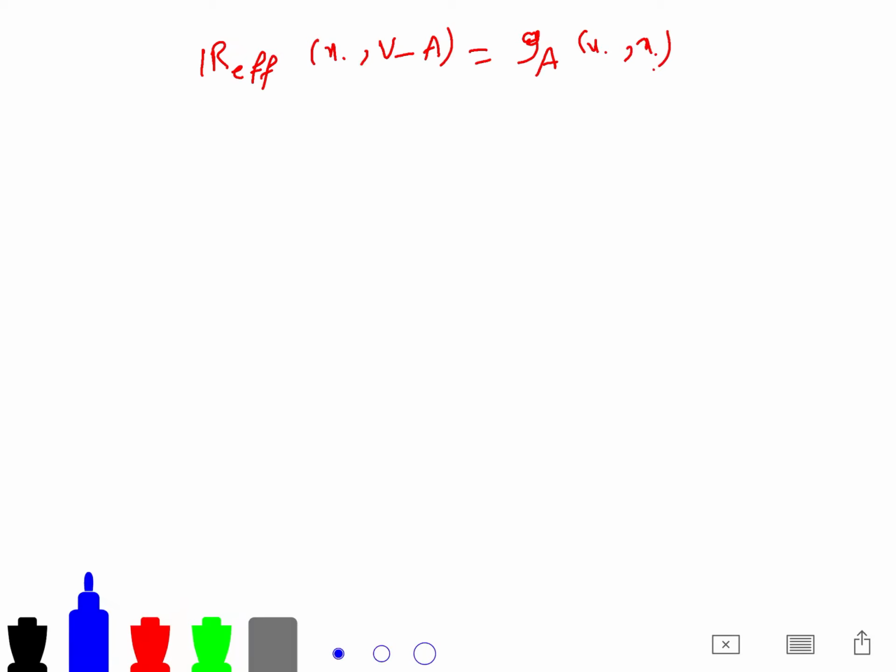To prove that, we just take the set to be a singleton, just one atom.